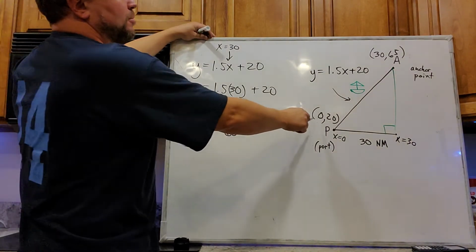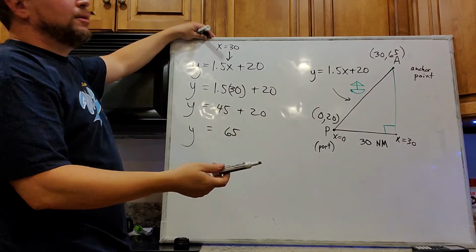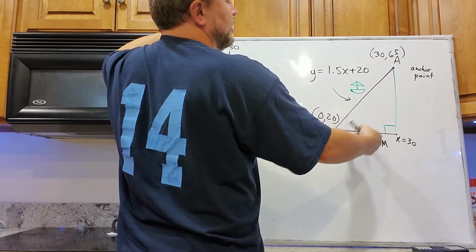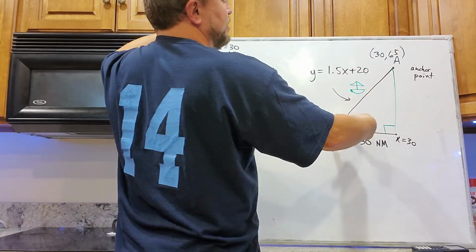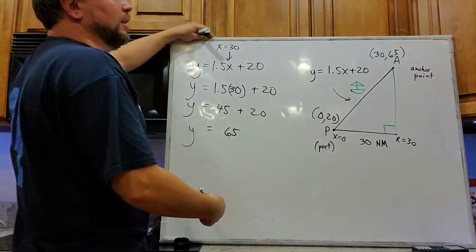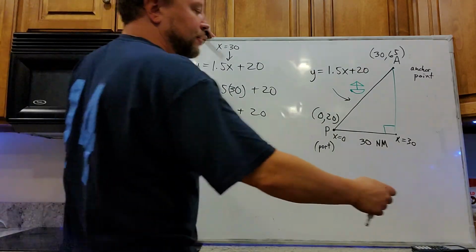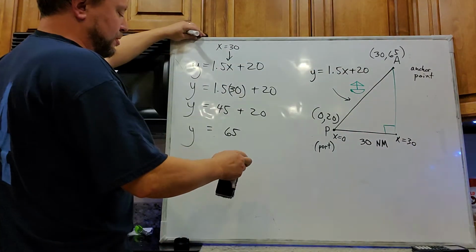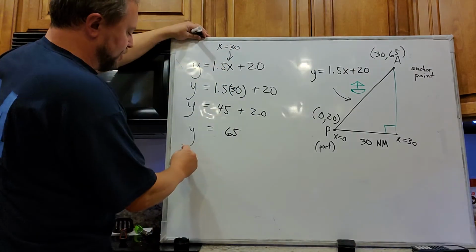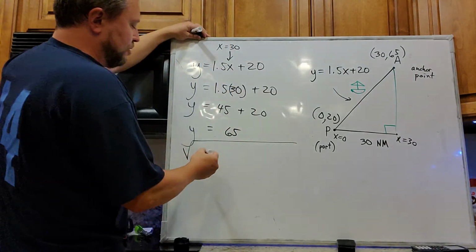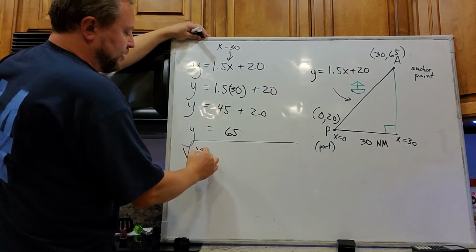Okay, I went through that trouble to find the coordinates because now that I know the coordinates, I can plug these coordinates into the distance formula to find the length. Okay, so here, I think I can squeeze it in down here. Remember, the distance formula looks like this.